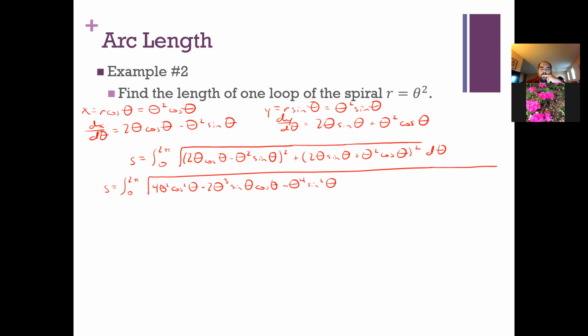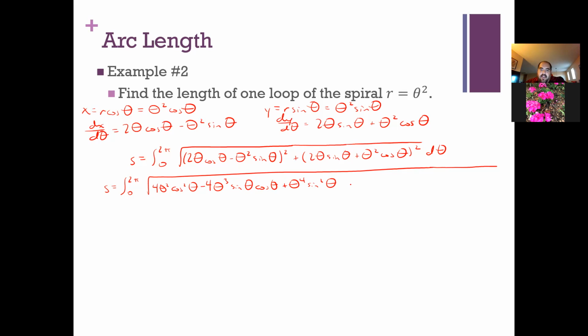Shouldn't it be just theta cubed sine? Actually, it should be 4 times that. Oh yeah, 4 times that. I think everything else looks okay.